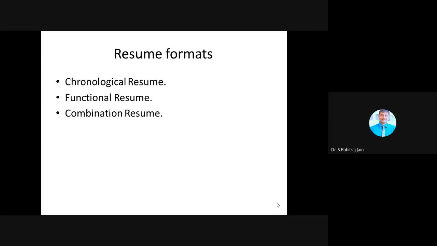So students, one important thing is the combination resume highlights the key strengths of both the chronological format as well as the functional format, allowing a job seeker to emphasize both a steady work history and diverse skill sets.